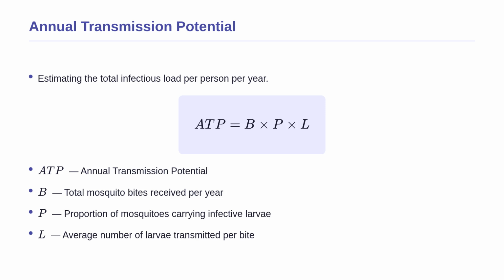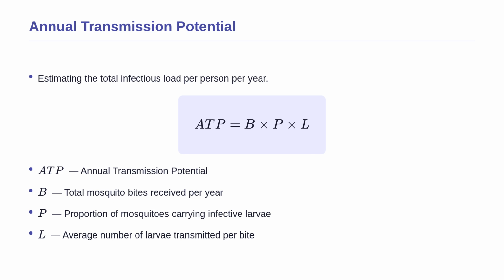This brings us to the formula for the annual transmission potential, or ATP. Conceptually, this calculates the total infective larvae entering a person's body in a year. The formula is ATP = B × P × L. B represents the total biting pressure, or the number of mosquito bites a person receives annually.